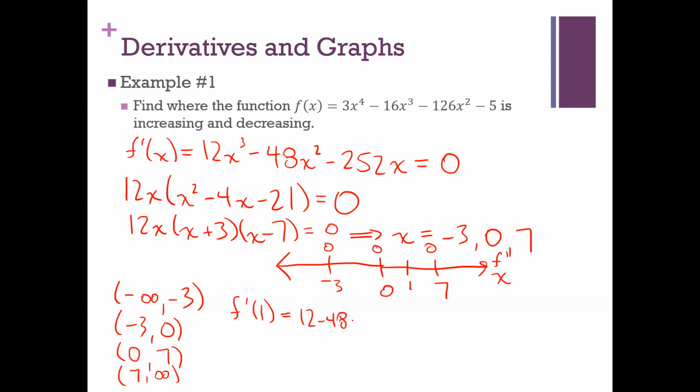And here's a shortcut I hope you will grant me. Do I really care what this number is exactly? I just care if it's positive. This is clearly negative. So this thing is decreasing on the interval 0 to 7, right? Does that mean that for x values greater than 7, I'm increasing?